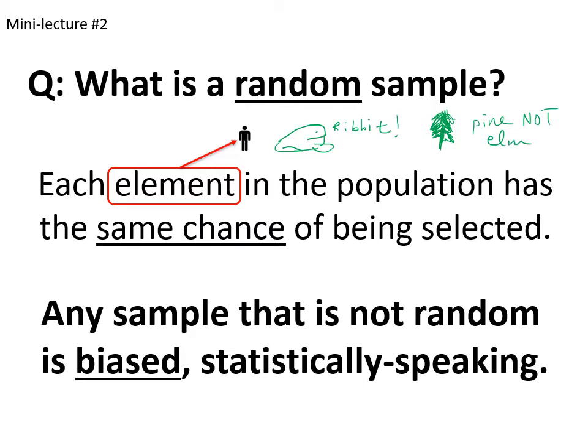Okay. So what this means is that any sample that is not random is biased, statistically speaking. Biased is a word that gets bounced around a lot in English, but when you're talking about samples, you want to be specific about what kind of bias you're talking about.